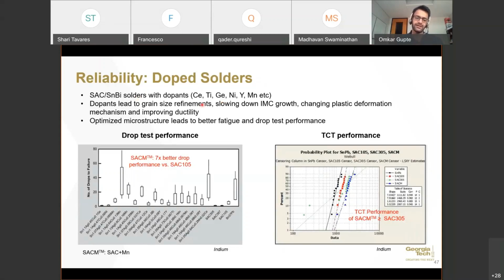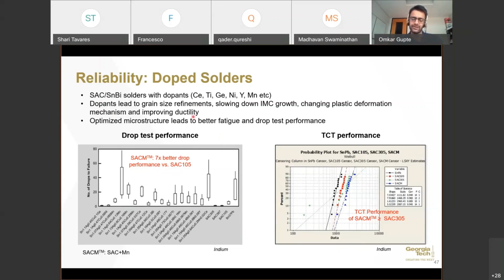There are other dopants available as well, such as cerium, titanium, nickel, which have been explored, where the SAC or the tin bismuth solders are doped with very minute amounts of these alloys, typically less than 5%. So it can range anywhere from 0.1% all the way to 5%, and this helps improve the reliability.